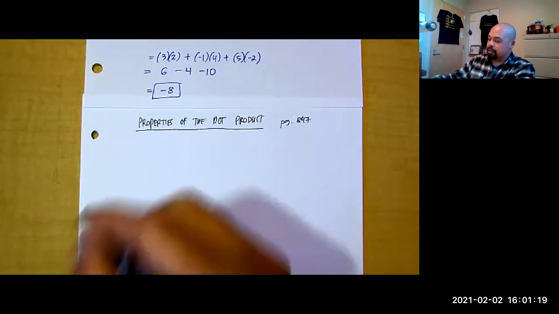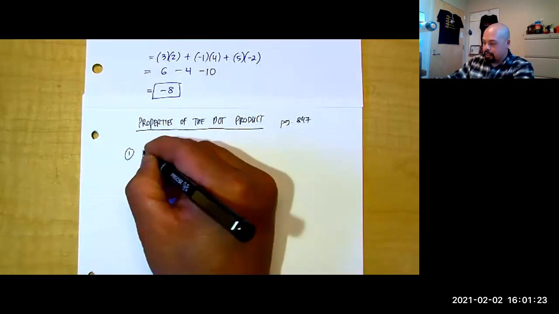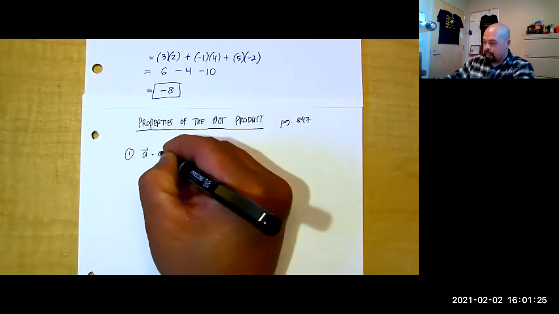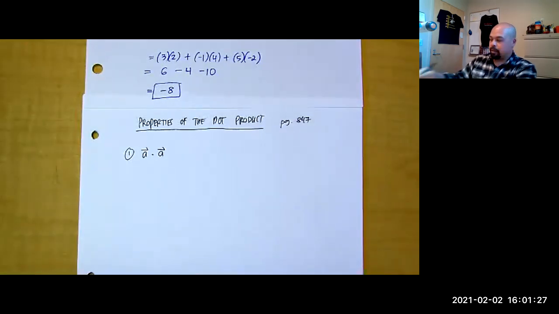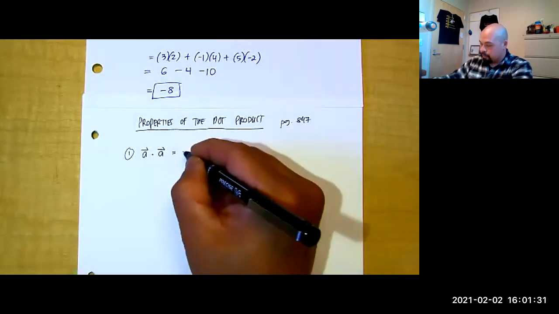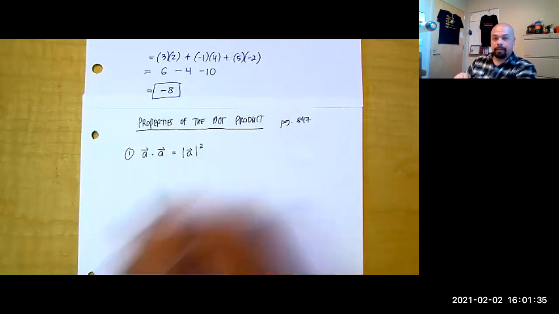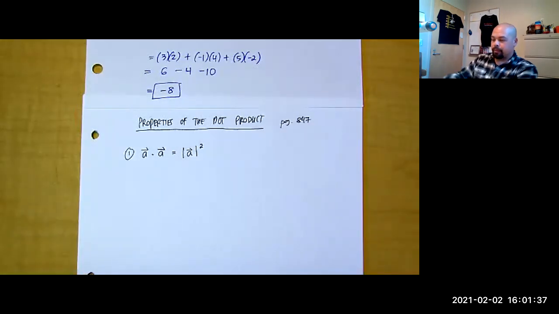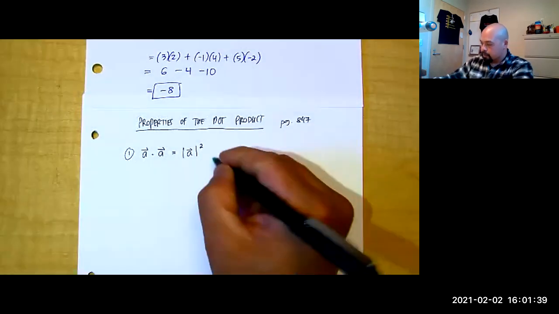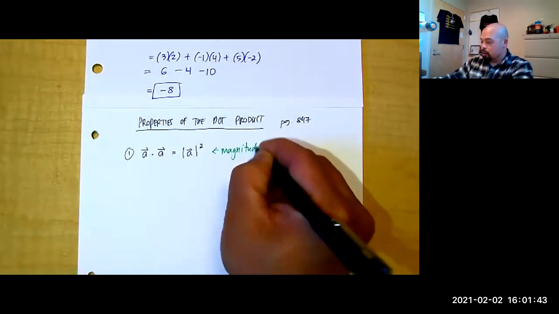Given we have these vectors, the first property is that if I take the dot product of a vector with itself, that's going to be equal to the magnitude of that vector squared, the length of the vector squared.